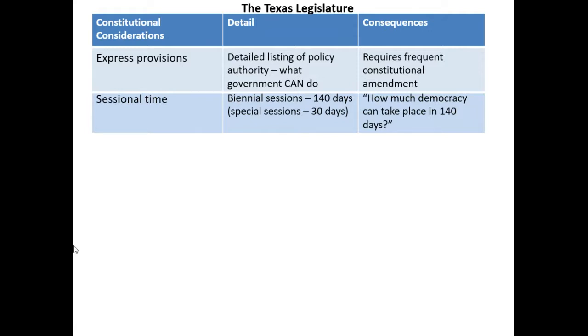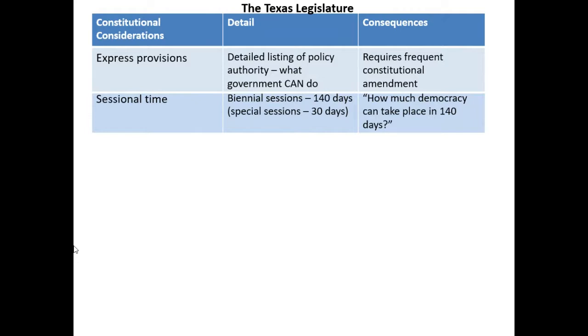In other words, this 140 days, by the way, is the one provision of the Texas Constitution that hasn't changed since the Constitution was adopted in 1875, since it went into effect in 1876. In other words, the Texas legislature in 2021 will meet for 140 days, just as the Texas legislature did back in the 1870s.